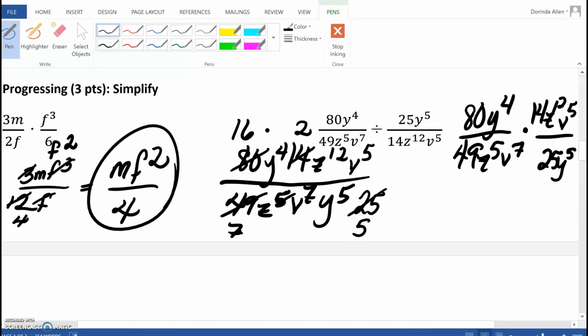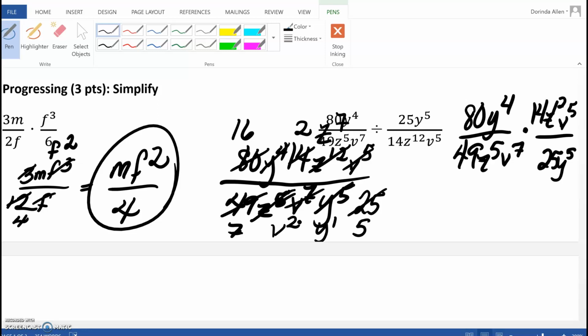So then let's go to our letters. 4 y's here and 5 y's here. It leaves me with 1 y. 5 z's here and 12 z's here. It leaves me with 7 z's. 5 v's and 7 v's leaves me with 2 v's. So I think everything has been reduced.